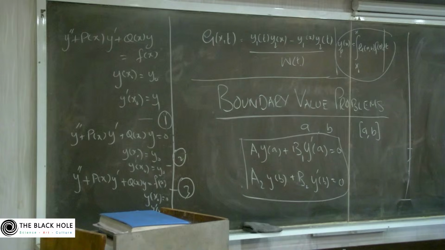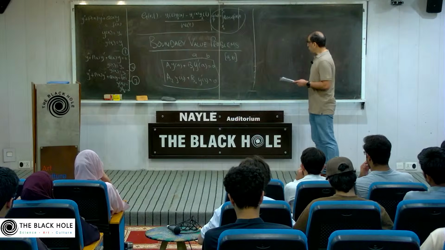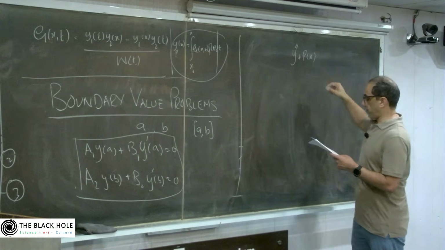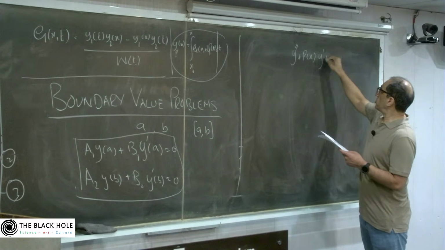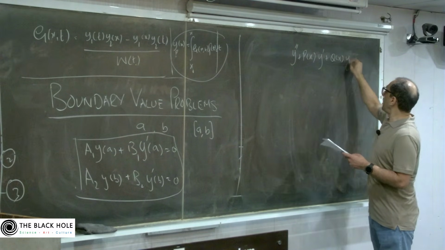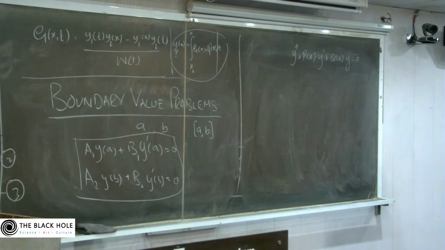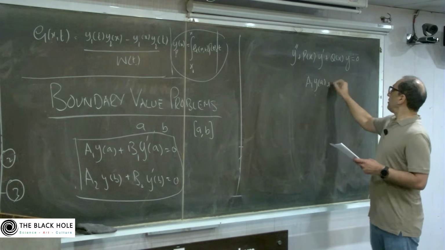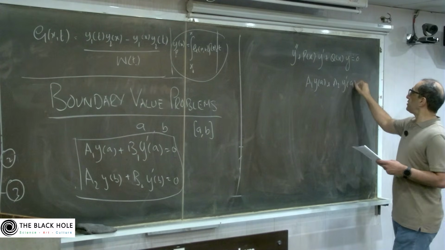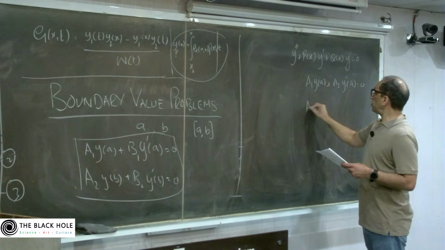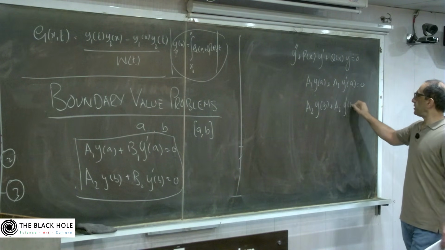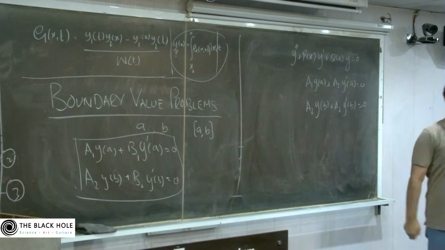So what we do now is we say y double dash plus p of x y dash plus q of x y is equal to 0, and that is not enough, subjected to a1 y of a plus b1 y dash of a is equal to 0, a2 y of b plus b2 y dash of b is equal to 0.